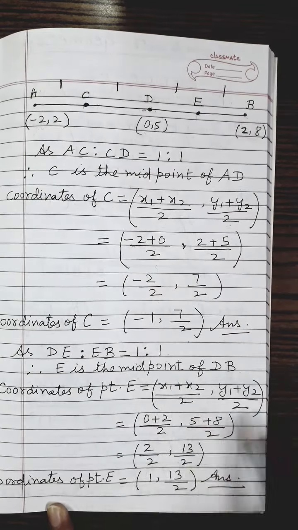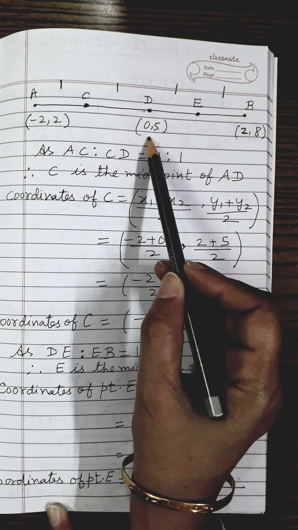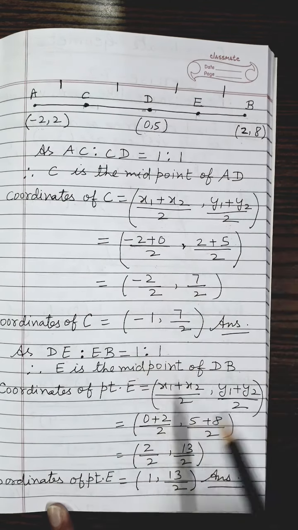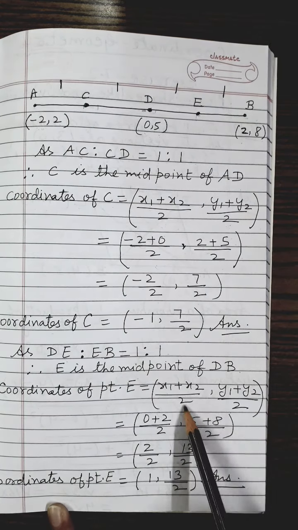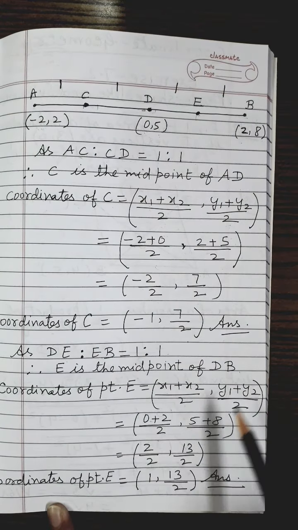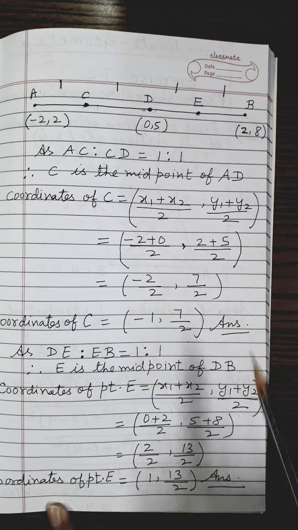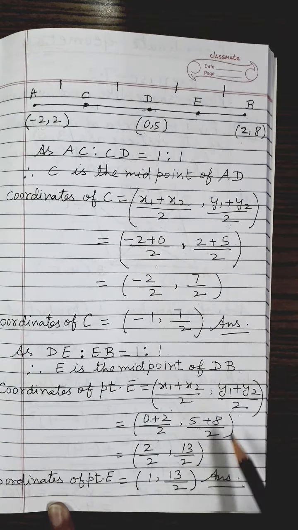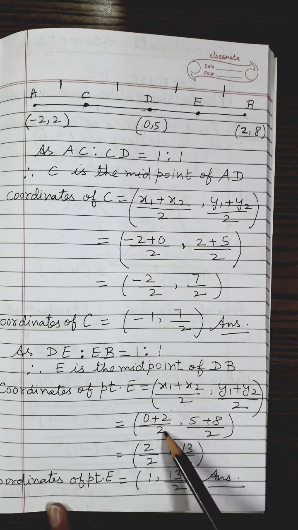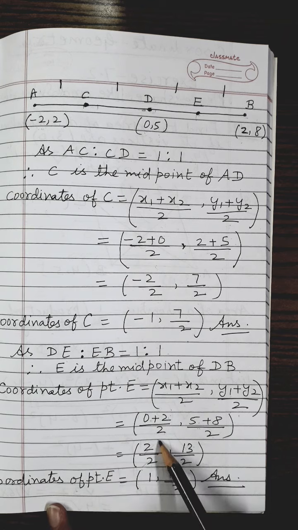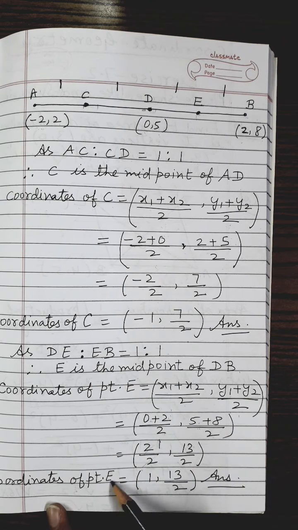Now in this formula, (0, 5) is (x1, y1) and (2, 8) is (x2, y2). So (x1 + x2)/2 will be (0 + 2)/2, and (y1 + y2)/2 will be (5 + 8)/2. This is 2/2 and this will be 13/2. Cancel it, so the coordinates of point E will be (1, 13/2).